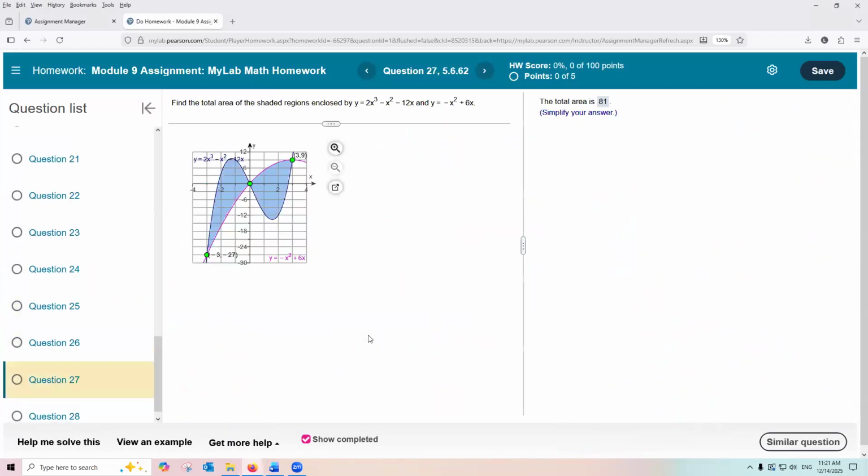One other concept here is finding the area between two curves. And the area between two curves, I'm going to set this one up for you, but I'm going to let you do the integration. When you want the area between two curves, you take the integral of the top curve minus the bottom curve, dx.